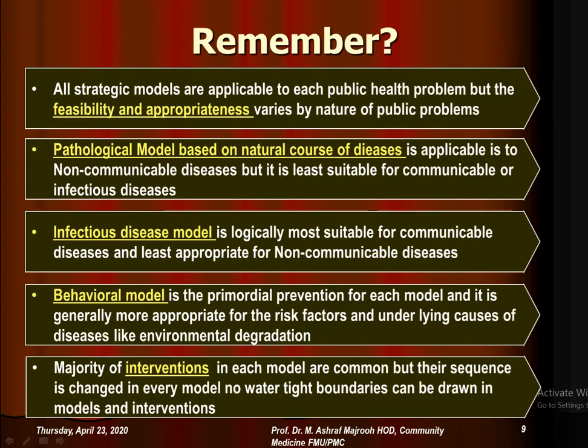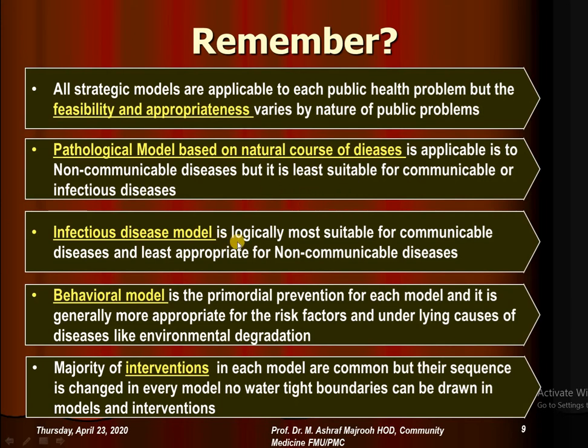Now, it should be remembered that all these strategic models are applicable to each public health problem, but the feasibility and appropriateness vary by the nature of the public health problem. The pathological model based on the natural course of the disease is applicable to non-communicable diseases, but it is least suitable for communicable or infectious diseases.